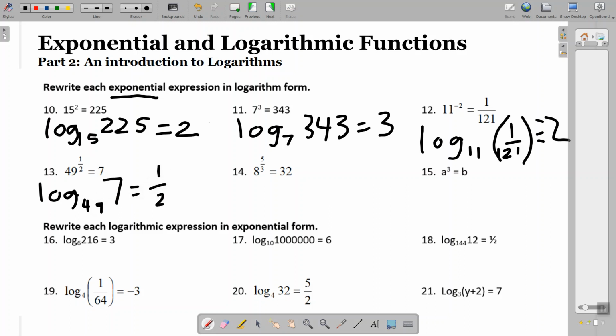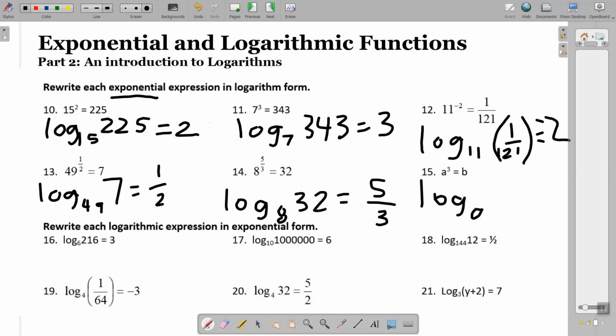Number 14, 8 to the 5/3 equals 32. Log base 8 of 32 equals the power 5/3. All right, and then here's a fact that includes some variables. We don't even know what a and b are, but we can write that in logarithm form. Log base a of b equals the power 3.